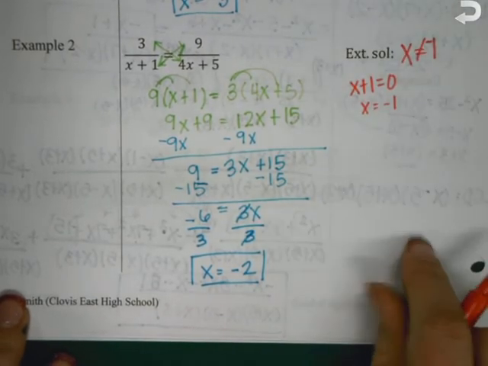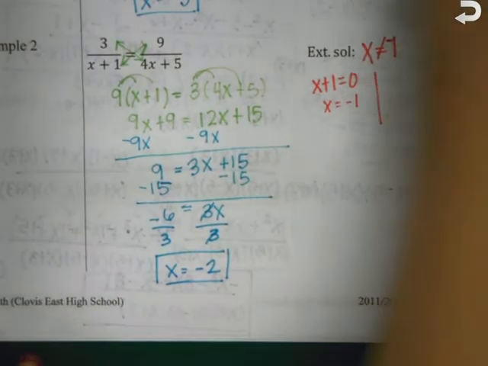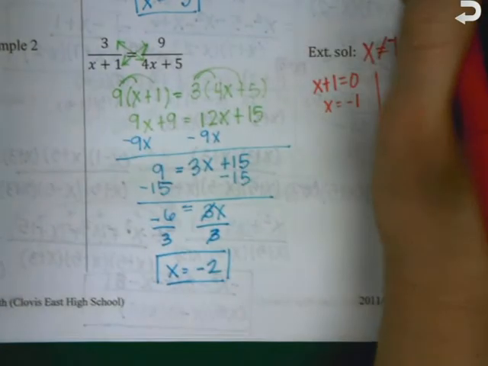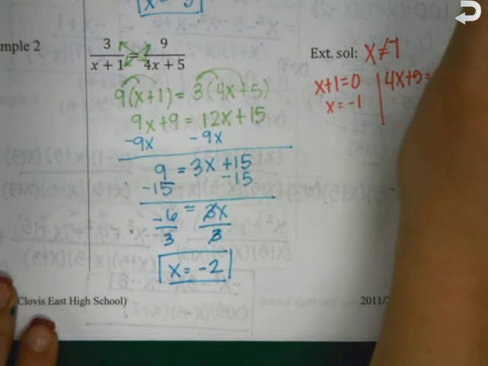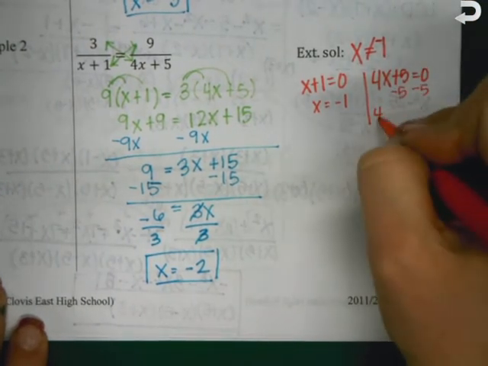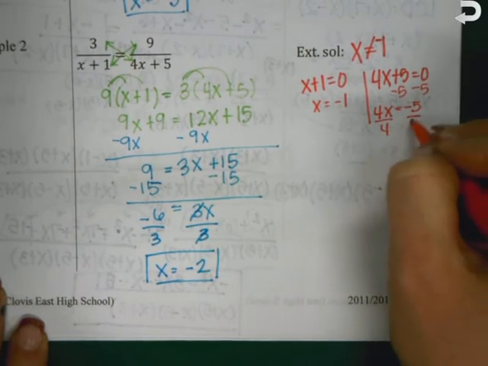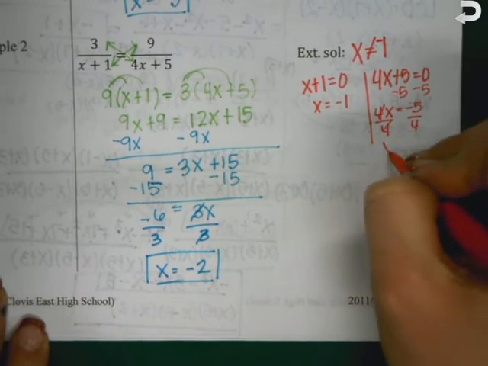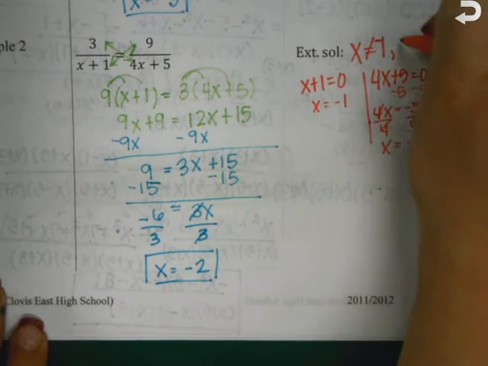And then let's also set 4x plus 5 equal to 0. Okay, so I subtract 5 from both sides, so I get 4x equals negative 5. Divide both sides by 4. x equals negative 5 over 4. So x can also not equal negative 5 over 4. So our answer is good here.